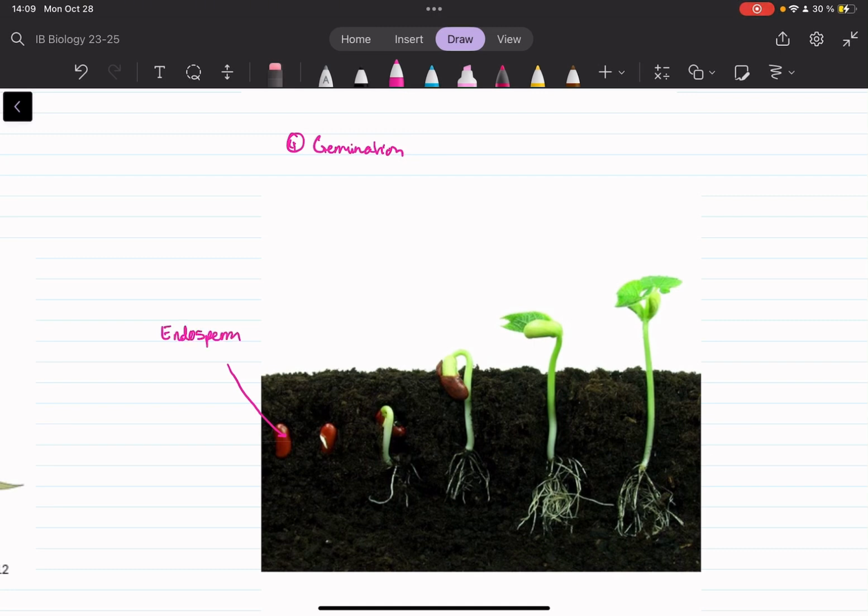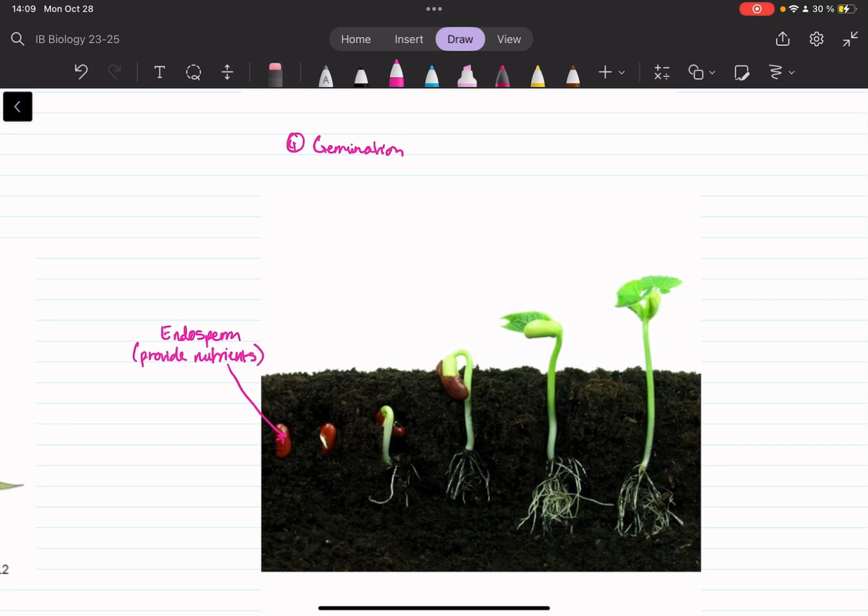What this endosperm does is it provides nutrients for the seed to grow.